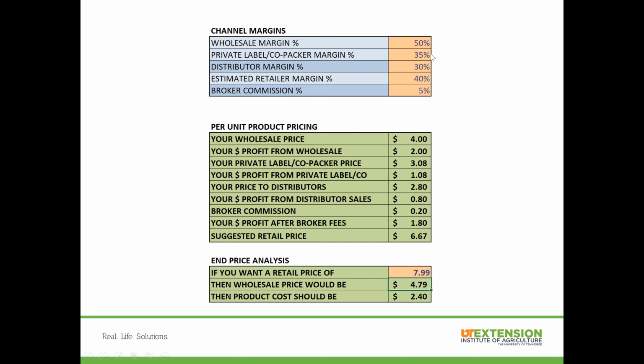So if we set it at 35% and we know that we have a cost of $2, then 35% of a price of $3.08 that we have here would be our profit, which would really be $1.08. So if we charge the co-packer $3.08 and our cost is $2, then the $1.08 is our profit. Does that make sense? Does that help any?